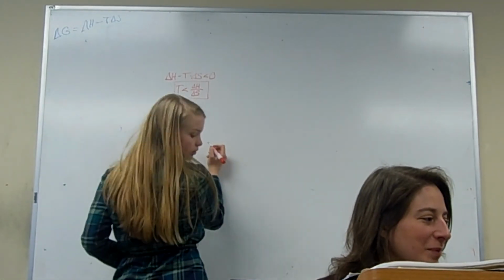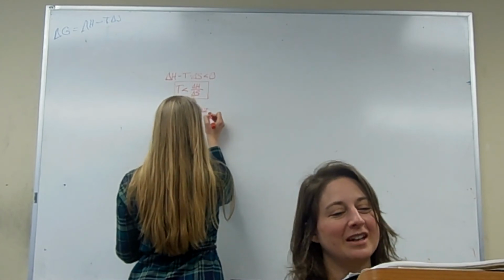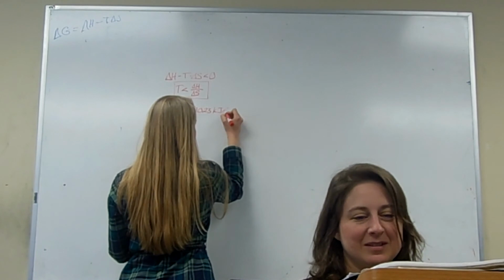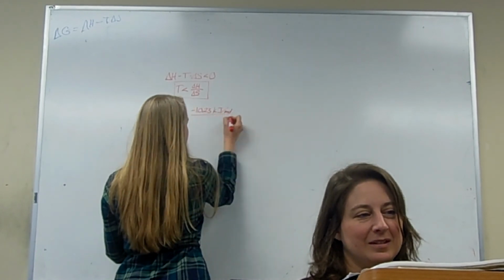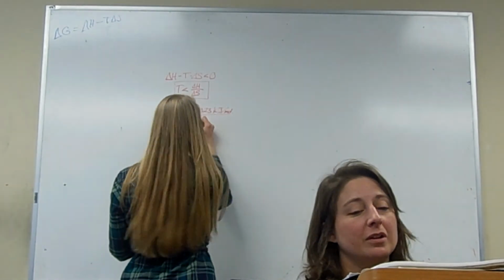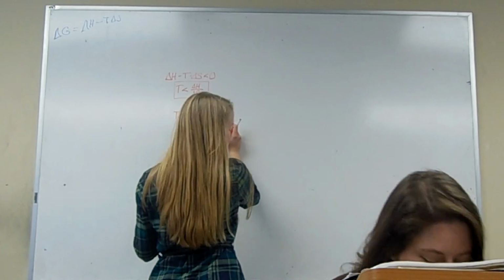So yes, entropy should be negative for an exothermic process. You should get a negative answer for that problem. It's the only one you'll need an inequality for. All the others are just regular old problems.